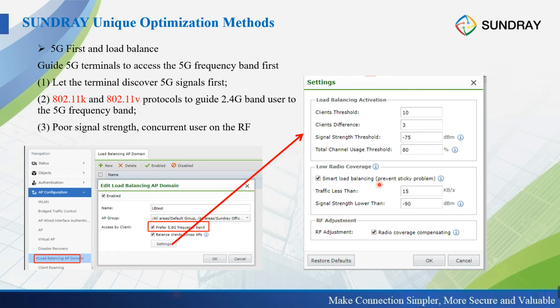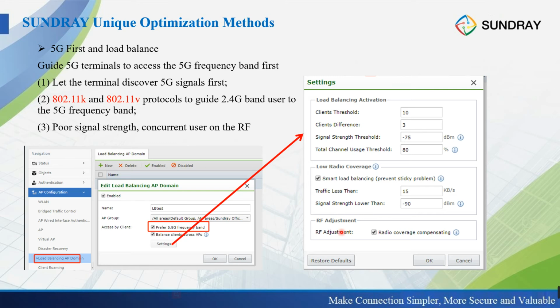And we can also enable prevent sticking problem, because some users connected to an AP, even if they move a very long distance, can still connect to our AP. To avoid this sticking problem, we can enable it here.